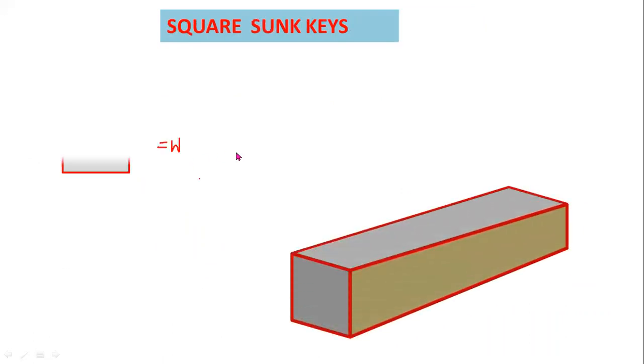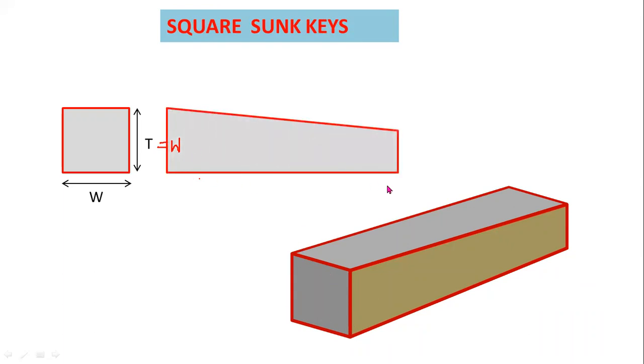Square sunk key. Here the cross section of this key is a square. Then the width of the key is equal to depth of the key. So W equal to thickness. Both are equal for square sunk keys. This is the example for isometric view of a square sunk key.